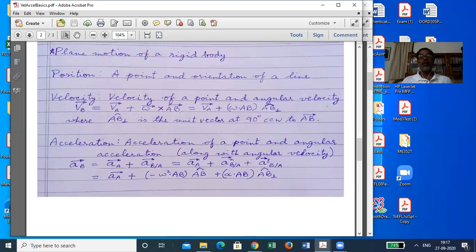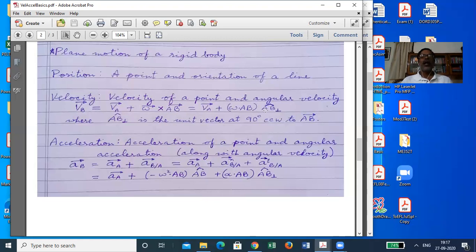So the magnitude will be full, omega AB. And direction will be perpendicular to omega and perpendicular to AB. Perpendicular to omega means in the plane of the motion, and in the plane of the motion perpendicular to AB. Perpendicular to AB how? 90-degree anti-clockwise.